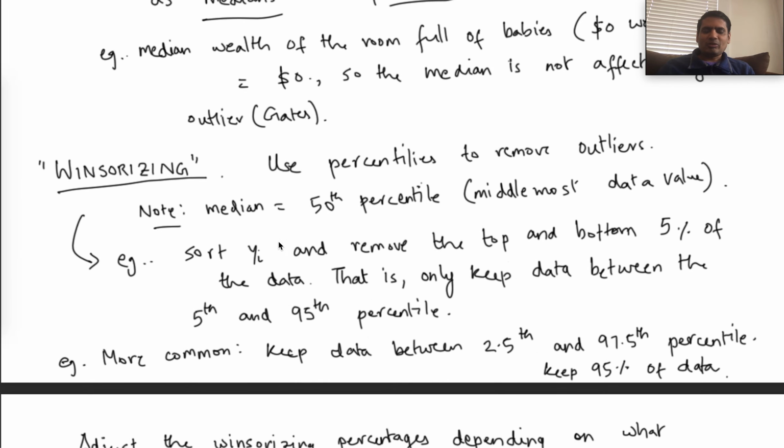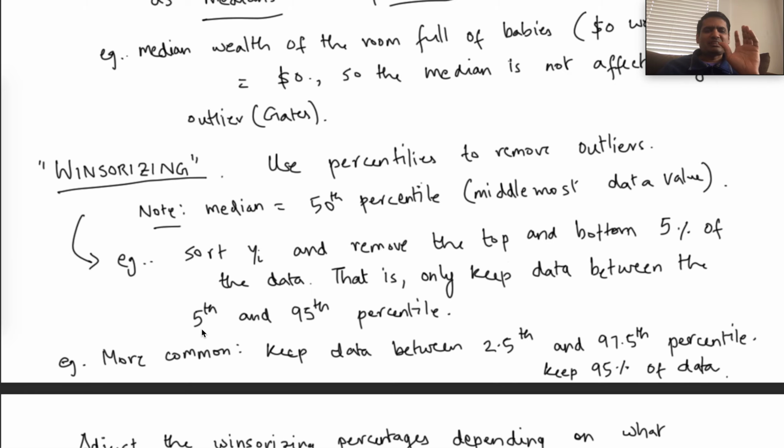Okay, so how do you do this? You, let's say, sort the y values from minimum to maximum, and then remove, let's say, the top 5% of the data and the bottom 5% of the data and call them outliers, and just keep data between the 5th percentile and the 95th percentile.